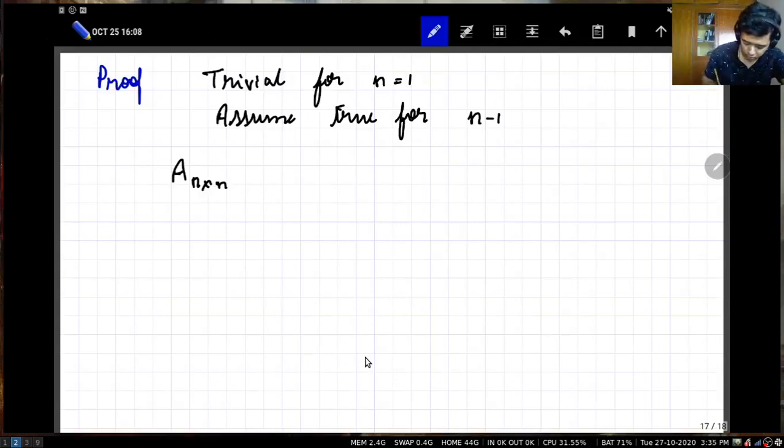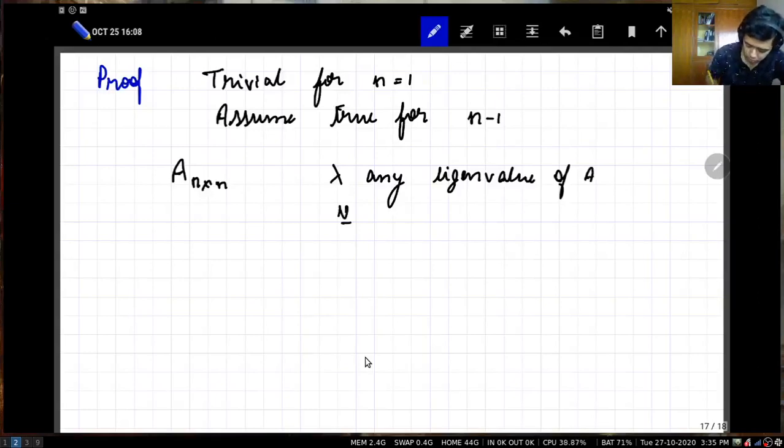let's take the following basis. Since A is an n by n matrix, let's take any eigenvalue lambda of A, and suppose that v is a corresponding eigenvector.